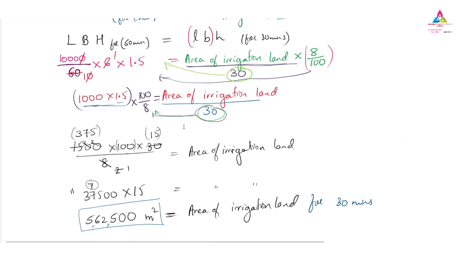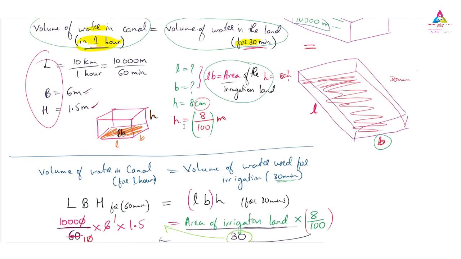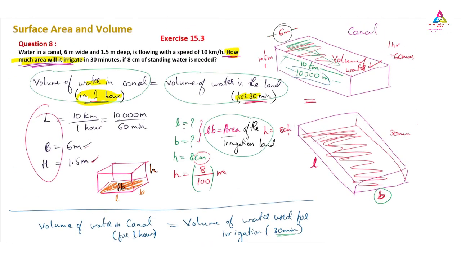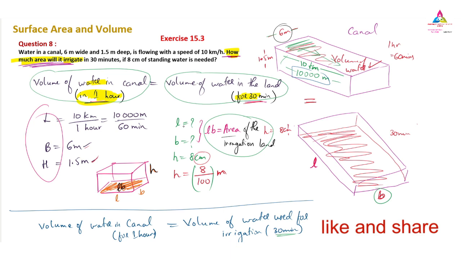Once again I am saying, this question is very important because it is not a direct question. They have given a canal where the water is not stopped, it is moving on, but we have to consider it as still water, it is not moving, because they have given for 60 minutes, that is how many kilometers fast it is moving.